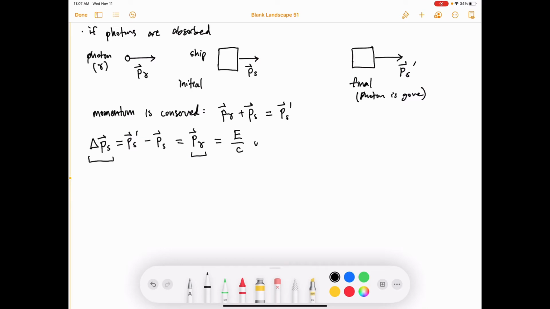And here, if we set up a coordinate system where the x direction is to the right, then we'd put an i hat unit vector to denote that the increase in momentum is in the x direction. Okay, so this is the momentum gained by the ship for every photon that is absorbed.